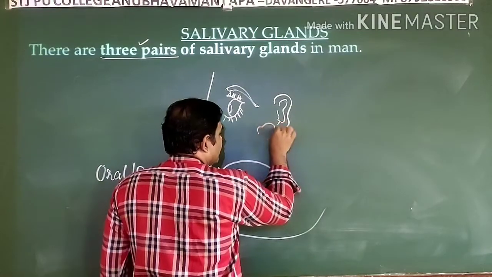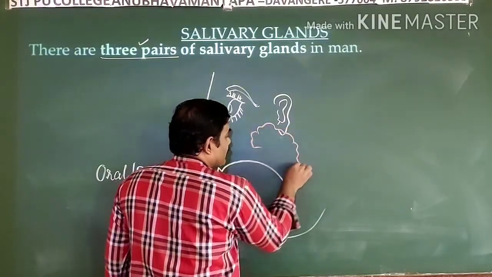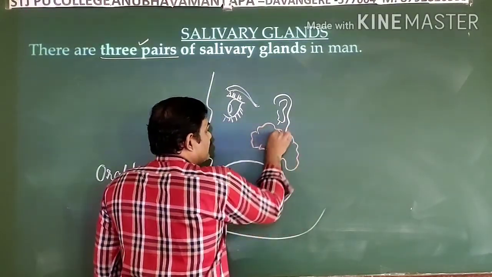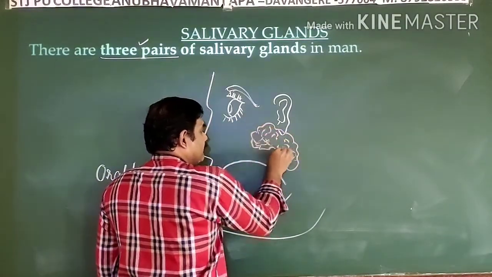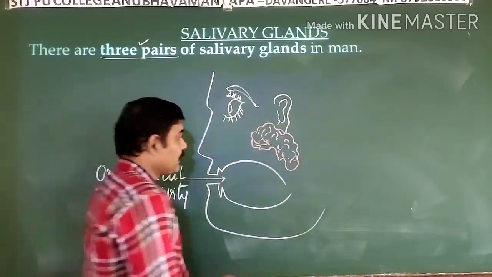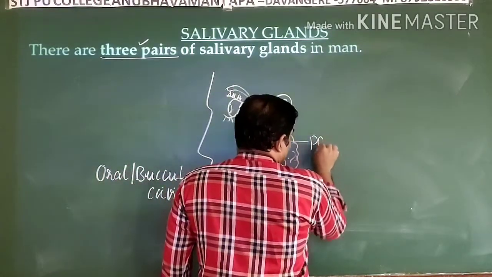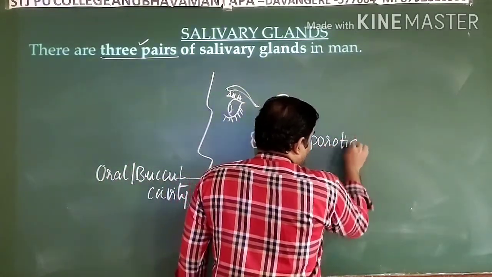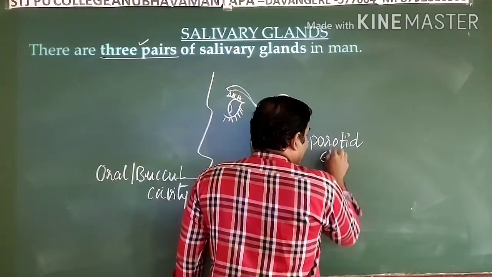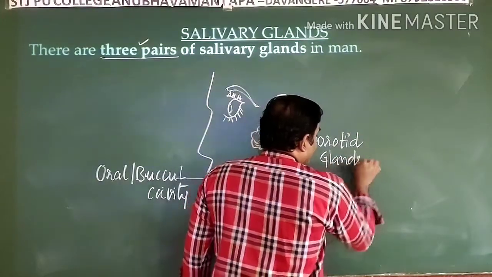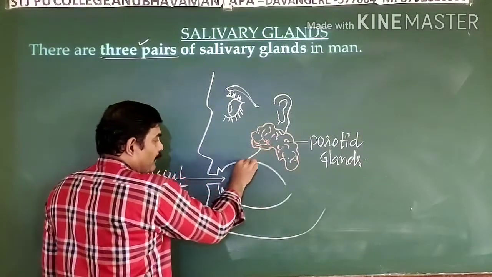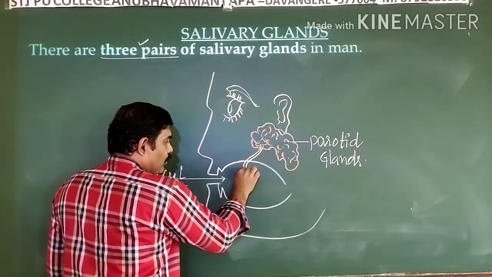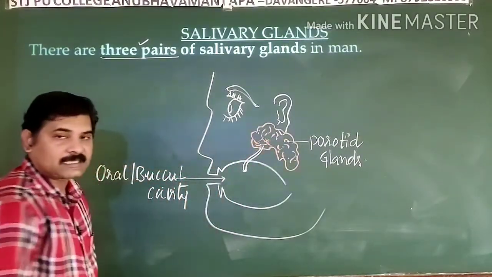This is actually the location of these glands. So these are parotid glands, salivary glands or parotid glands simply. These glands open into this oral or buccal cavity through a duct.